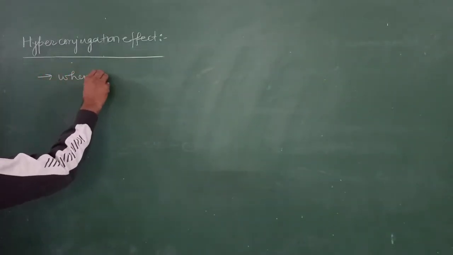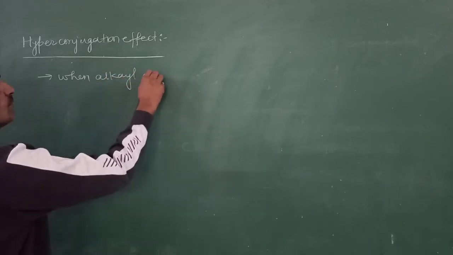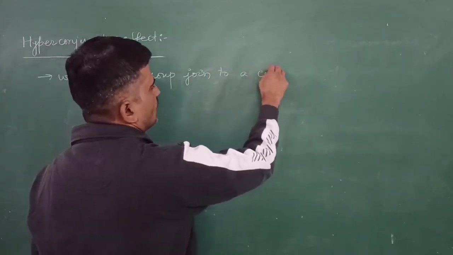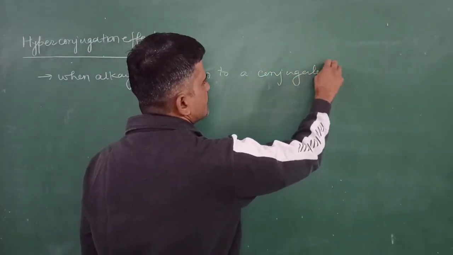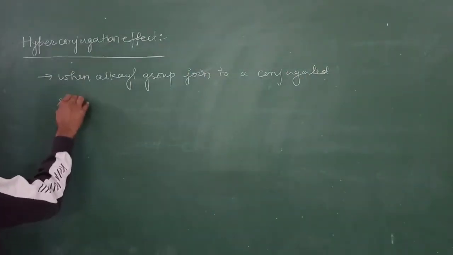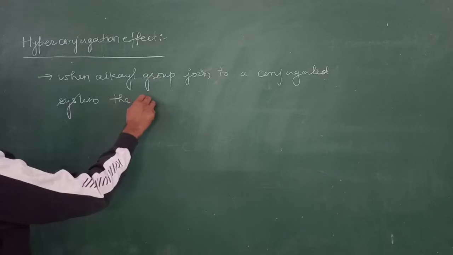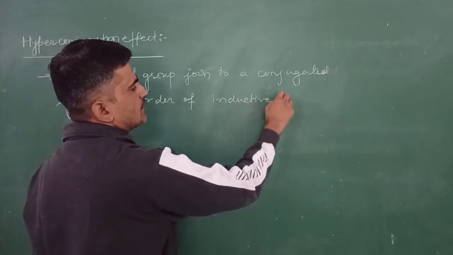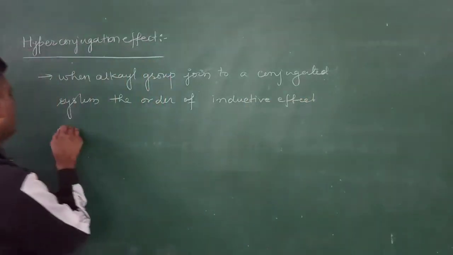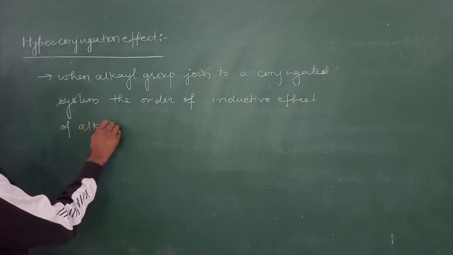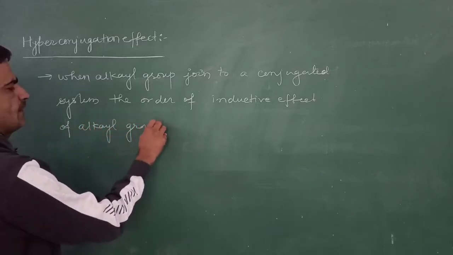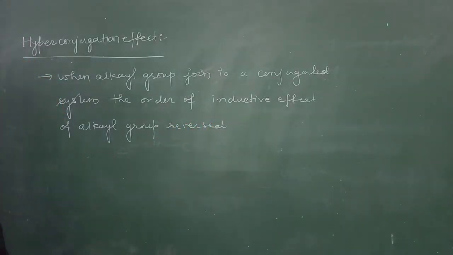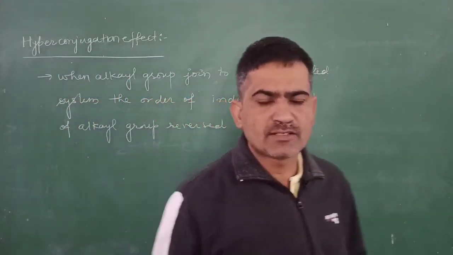When an alkyl group joins a conjugated system, the order of the inductive effect of the alkyl group gets reversed. This is known as the hyperconjugation effect, and this is also known as the Baker-Nathan effect.